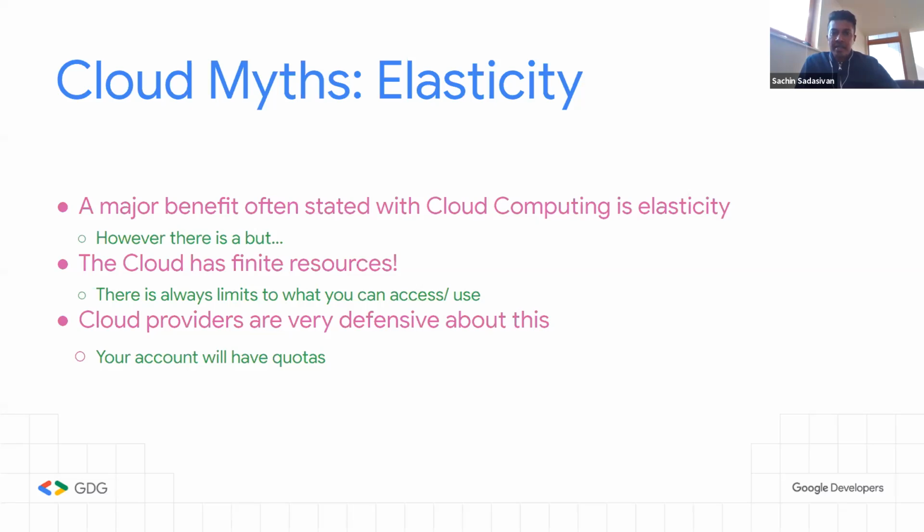But the reality is that the cloud has finite resources because those are real physical servers, software, networking, etc. So it's always finite, not infinite, and it's up to the users to use these resources wisely. And cloud providers themselves are very defensive about this.